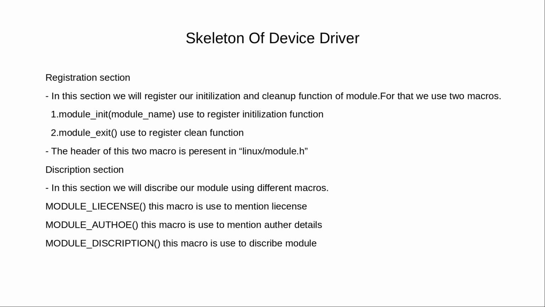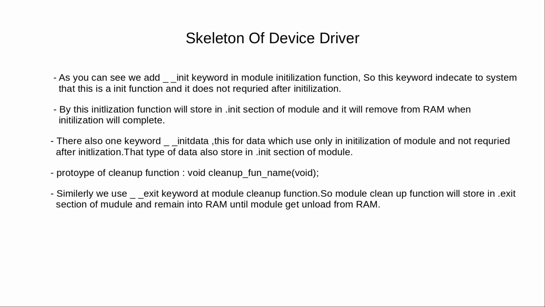The next part is the description section, where we have to describe our module. We can describe a module using different macros. There are certain macros which we can use in our driver code. The first one is MODULE_LICENSE, where we have to mention our module license.